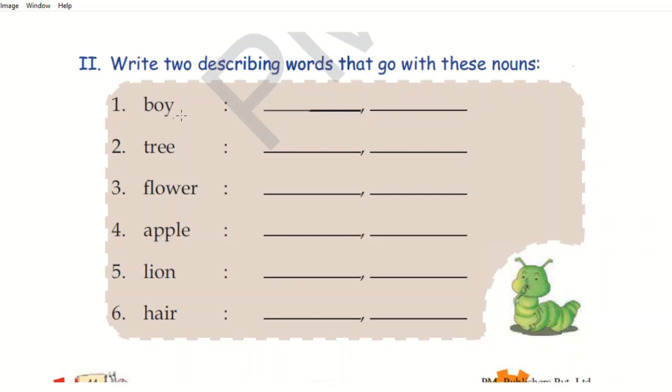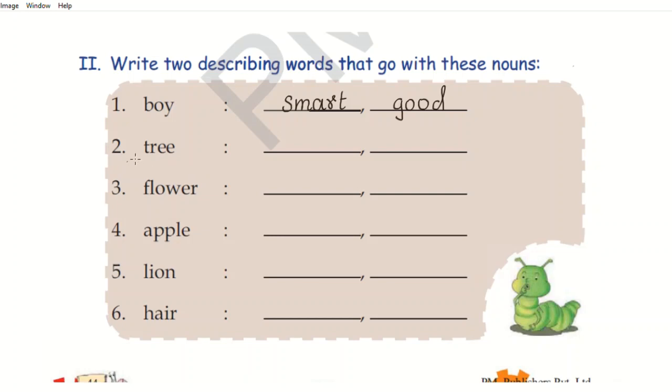Let us write 2 describing words for boy. Smart, good. So here we have written 2 describing words, smart and good, for the noun boy.